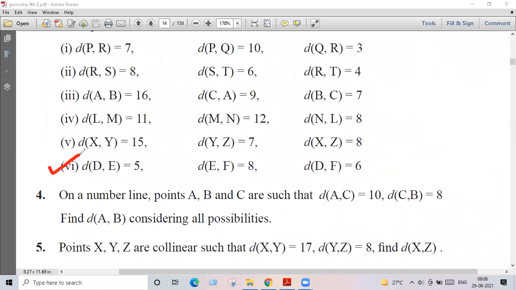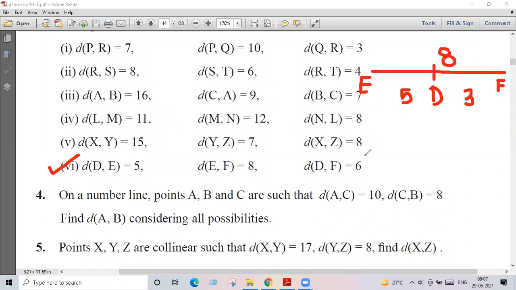And the sixth one is DE, EF and DF. Take the biggest one, the biggest number among them. The biggest line is EF. How much is it? 8. Then DE is 5. It is 5. So DF should be 3.